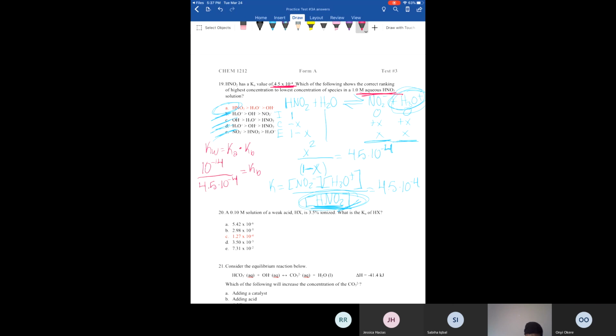So your Kb is going to be equal to 2.22 times 10 to the negative 11. So it's smaller. If it's smaller, that means this is acidic.